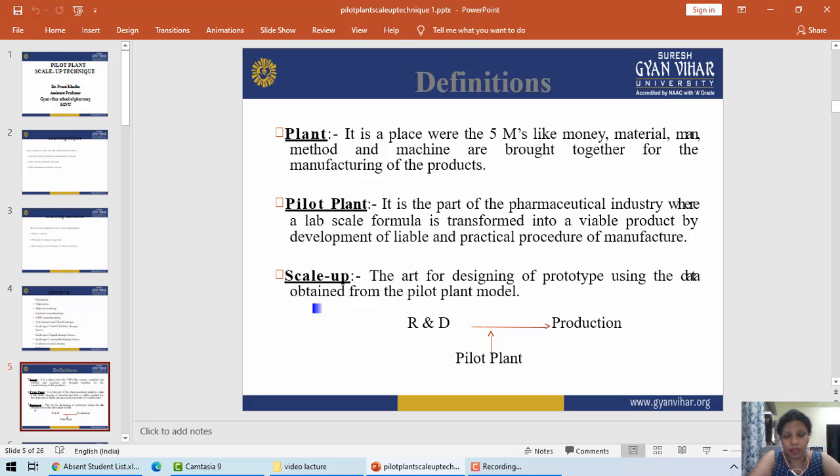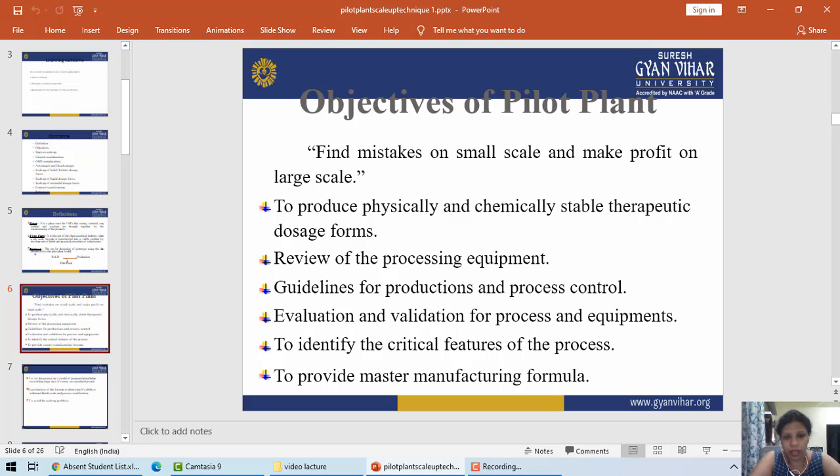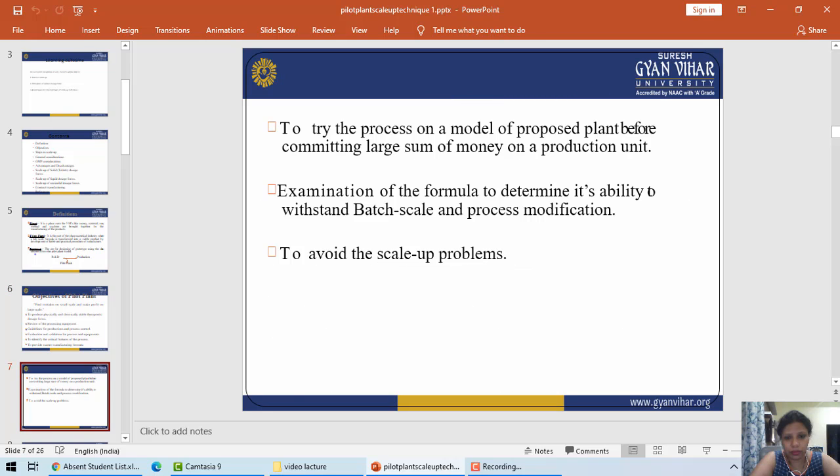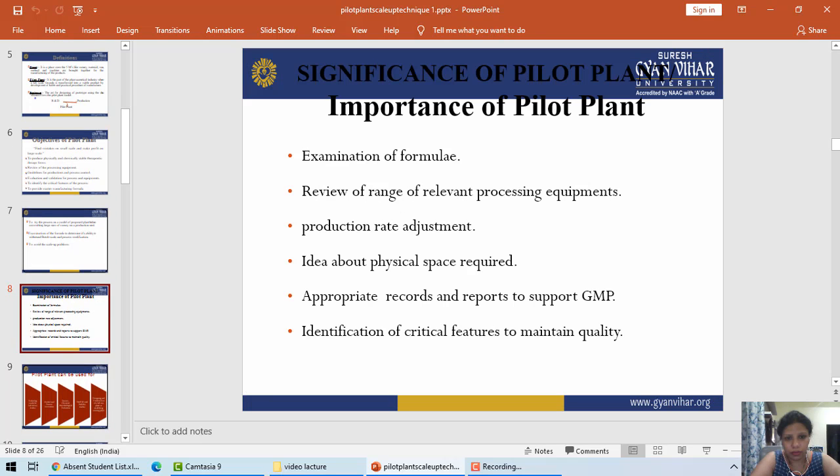We have discussed about plant, pilot plant, scale up. We have already discussed the objectives. We have discussed the significance and importance of pilot plant.